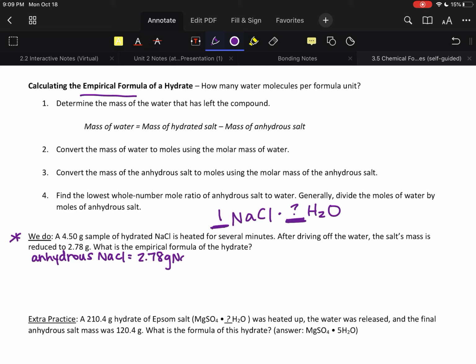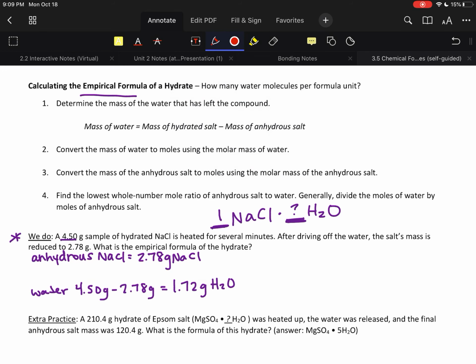Okay, so I have 2.78 grams of NaCl. I can also figure out my water because it says I start with 4.50 grams. And if I'm left with 2.78, that means that the amount of water that evaporated was 1.72 grams. Remember, I can just subtract what's left from the original amount to determine how much water was evaporated out.